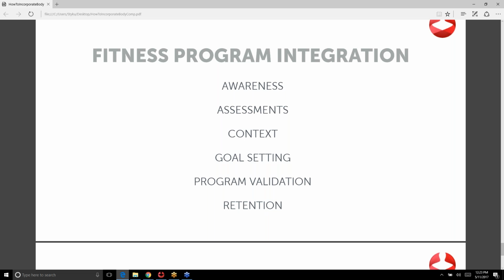They'll assign, for example, $50 a scan, so that people know that it is a value that is typically what you would get charged for with DEXA or hydrostatic weighing, for example. I've never seen anybody charge $50 for an assessment on calipers, but some of these more technologically advanced systems, 100% they will charge.